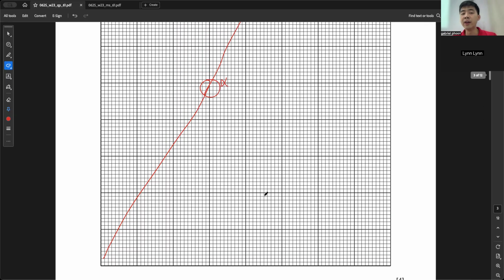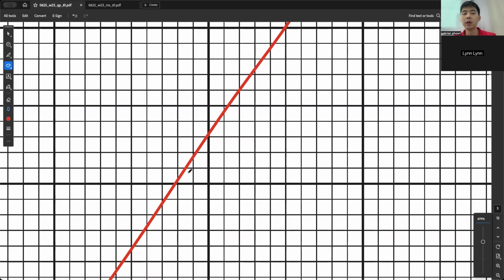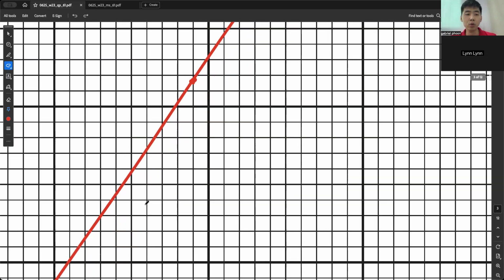So right now, if I want to find the gradient, can I use this point? No, actually it's not touching. It's not hitting the grid, guys. It must hit the grid. Only then can you use that point. So for example, a good point to use will be something like this one.